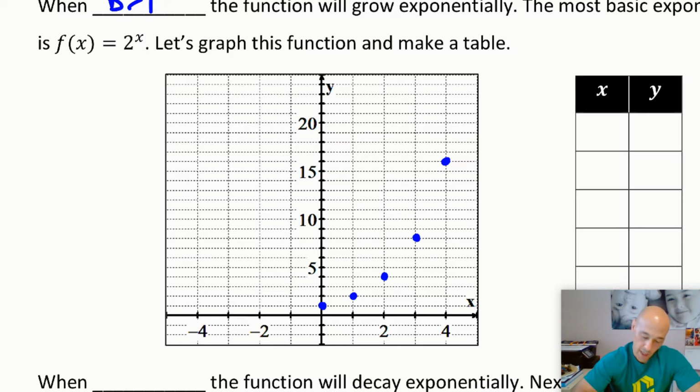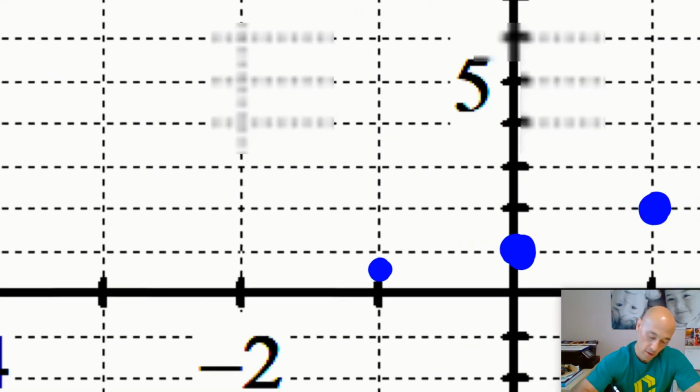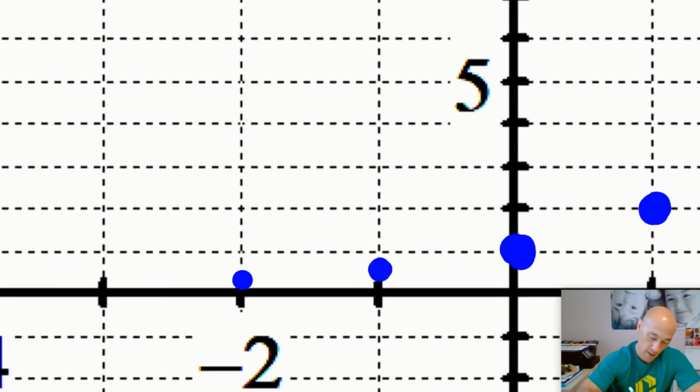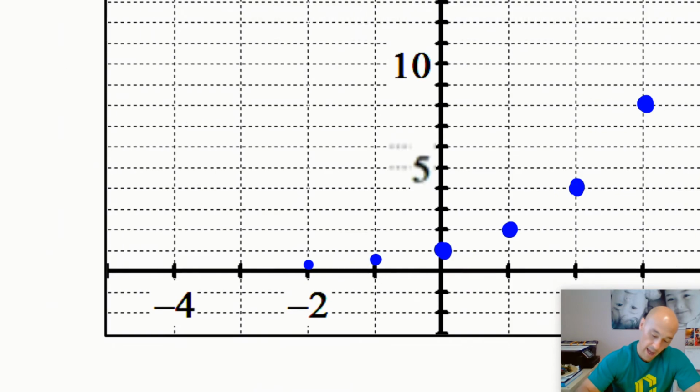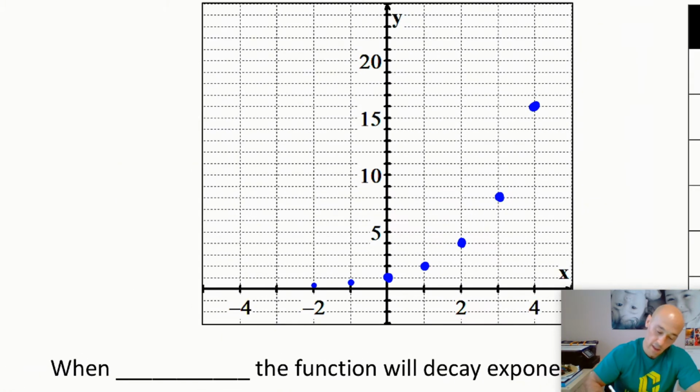As we move to the left, we divide this y value by 2, so it's got to be 1/2. And then it's going to get closer and closer to the x-axis, and it's really just going to hug right up against the x-axis.